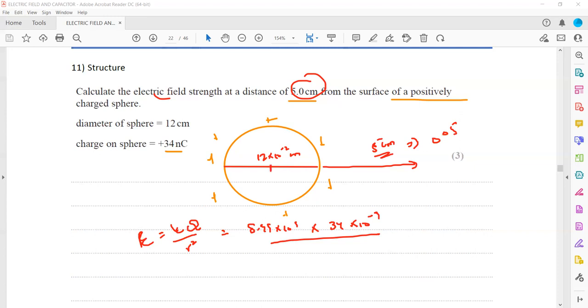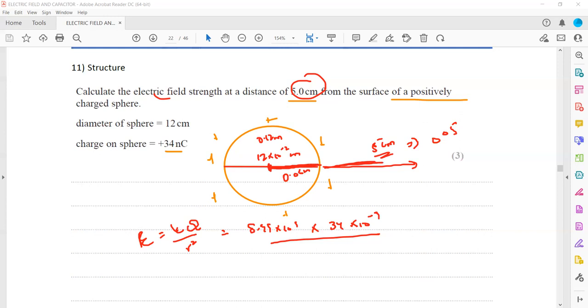And we always take the distance from the center. The total diameter is 12 exponent minus 2, which means 0.12 meter, so the radius will be 0.06, half of it. From the center, this is 0.06 and this is 0.05.